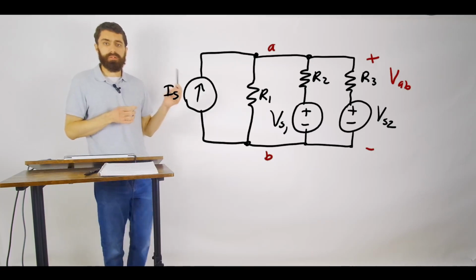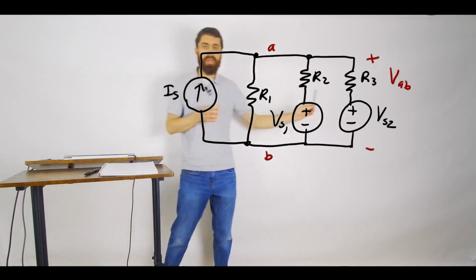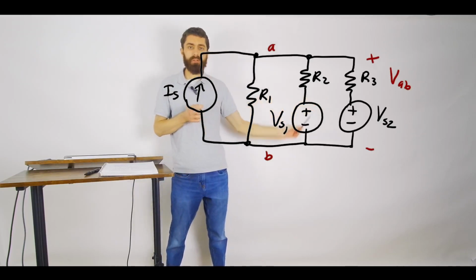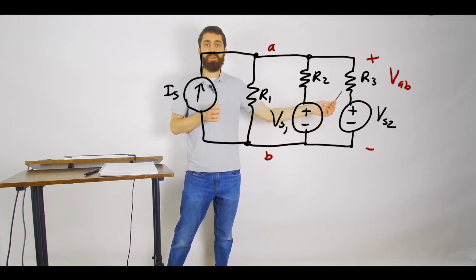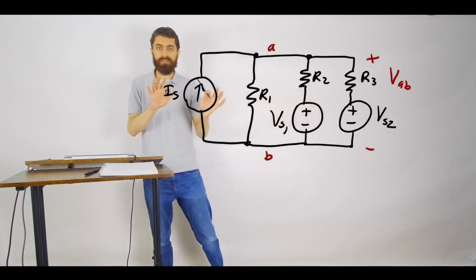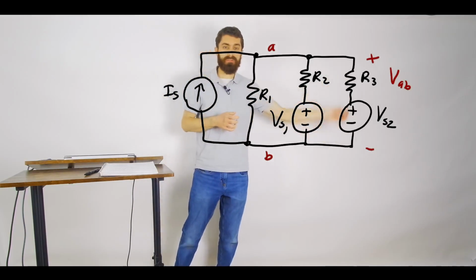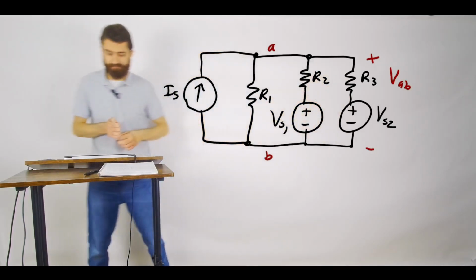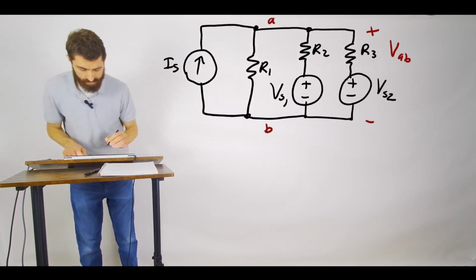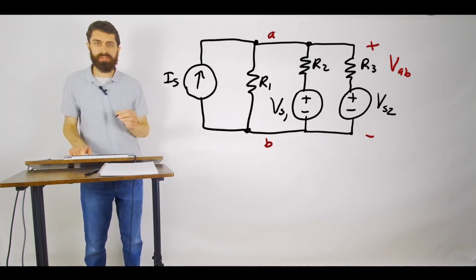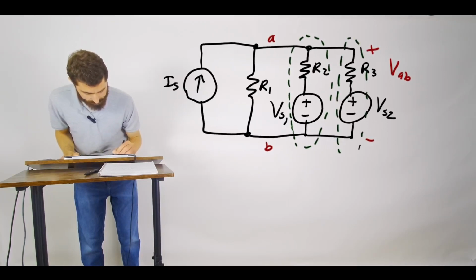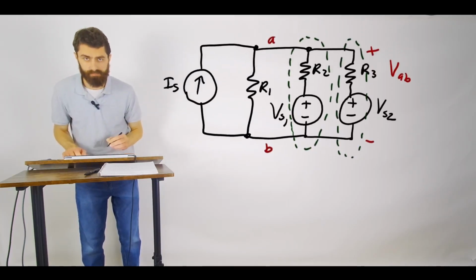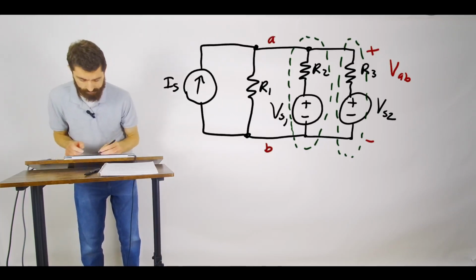It turns out that because everything's in parallel here, if we convert these voltage sources into current sources, we can then greatly simplify the circuit and find out what this voltage VAB is going to be. So let's rewrite the circuit and transform these voltage sources into current sources.